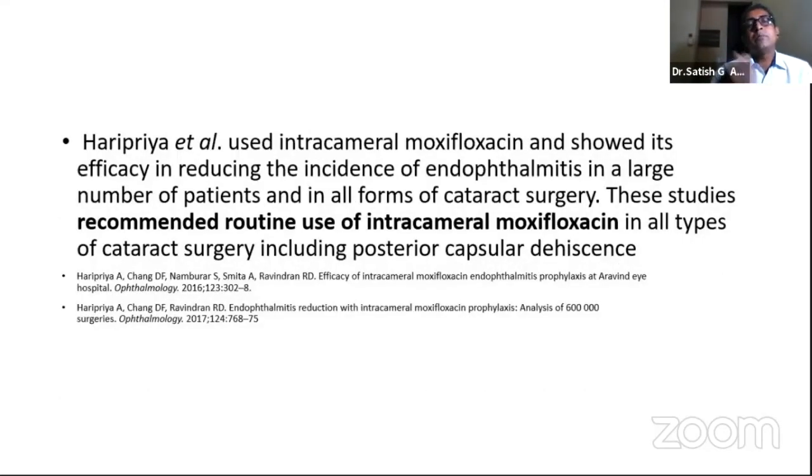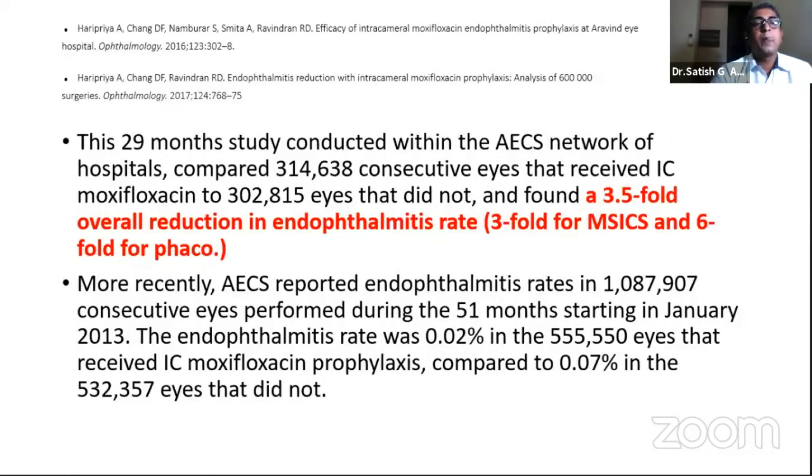But the Aravind group, Haripriya et al., started using intracameral moxifloxacin and recommended using it routinely for every patient undergoing cataract surgery. They reported at least a threefold reduction in the incidence of endophthalmitis following SICS, and a sixfold reduction following phacoemulsification.